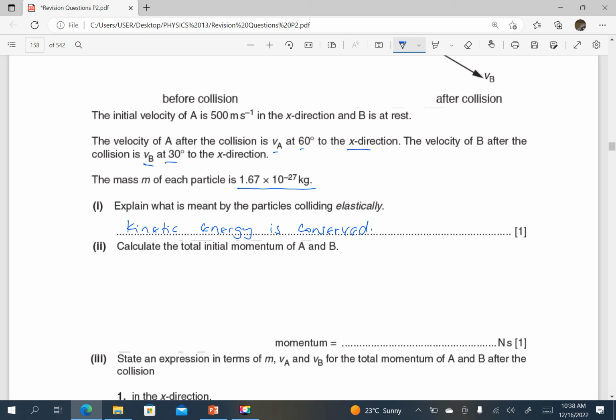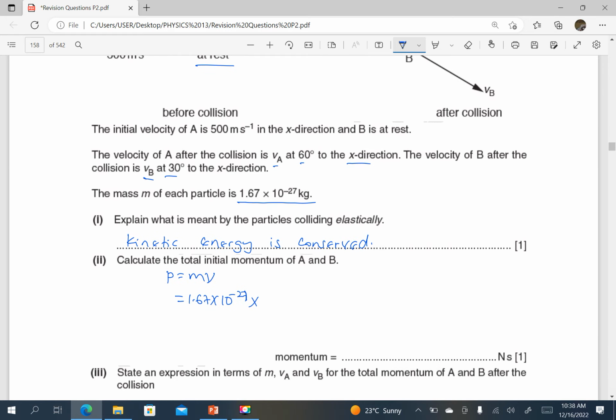Calculate the total initial momentum. We know that momentum is mass times velocity. So the mass is 1.67 times 10 power negative 27, times the velocity. The velocity of the particle initially is 500 meters per second.